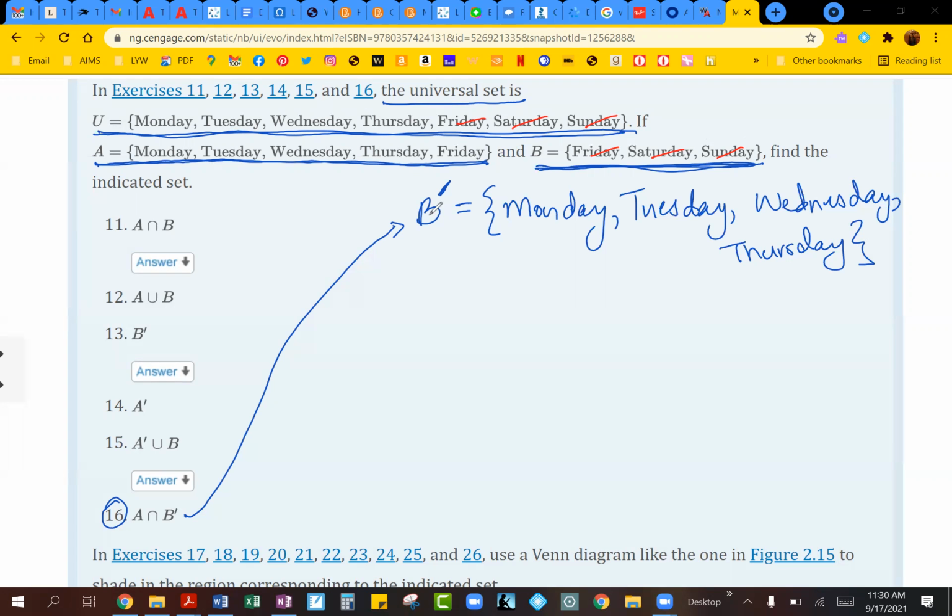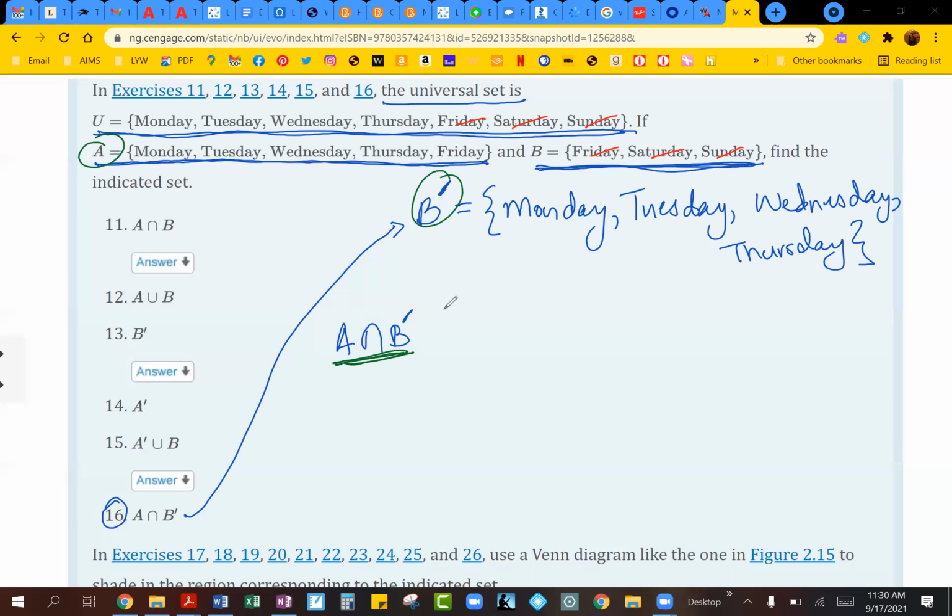So first thing you would have to do in an example like number 16 is define your B prime, and then we are ready to talk about the intersection between A and B prime. Here is where we look for what's common between set A and set B prime, and that's what we are going to put in the intersection.